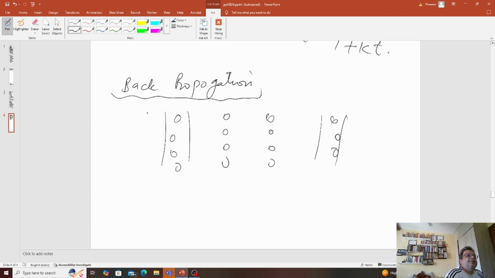Okay, so when you pass a batch of values, or for few iterations, when you reach here, you will find some output, and then you will have the labeled output, which may not match, because you will start with random values. Of course, when you start with random values, your output and your actual values will be very far.